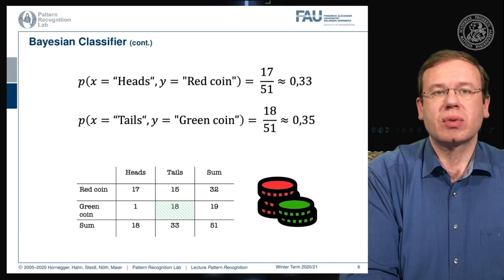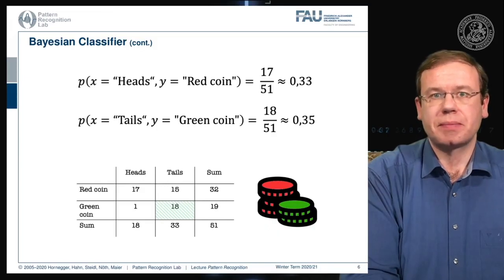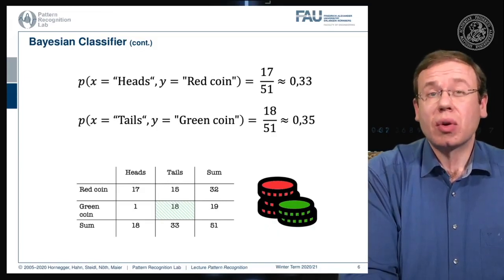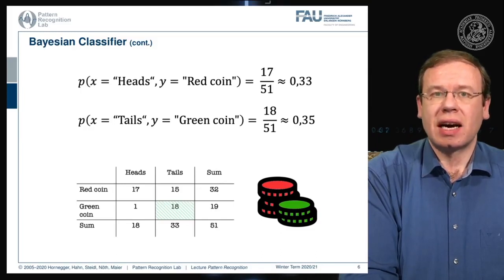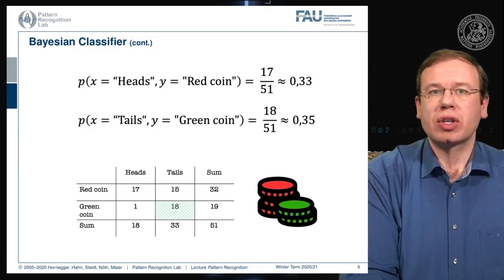And of course we can do similar things with tails and green coin, which would equal approximately 35%. Now, if we want to compute those numbers, we need access to the class distribution, so we need to know which coin is available, and we also need to know what the actual observation, what our evidence was.